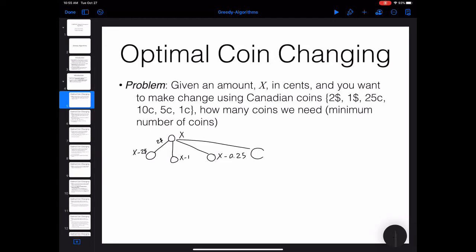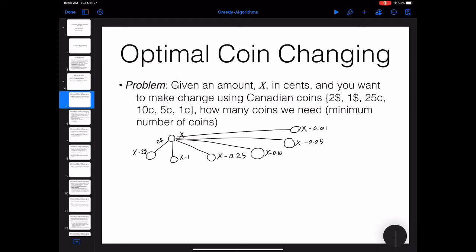And what would happen if I subtract 10 cents, 5 cents, and just 1 cent?